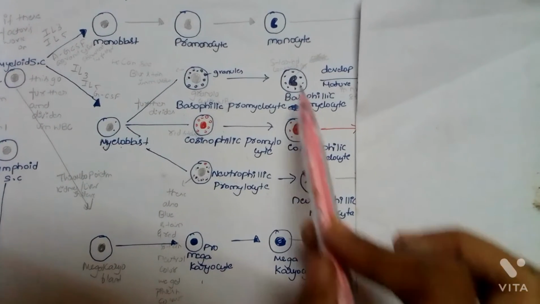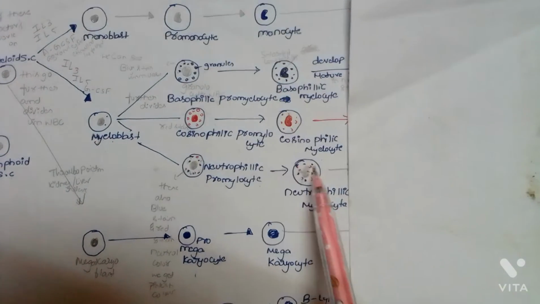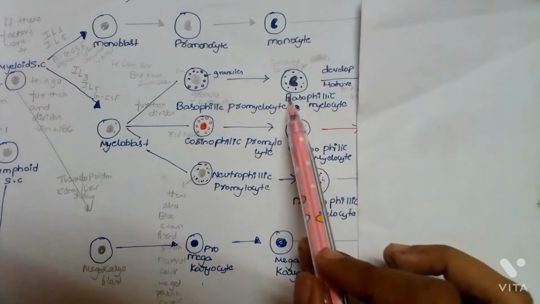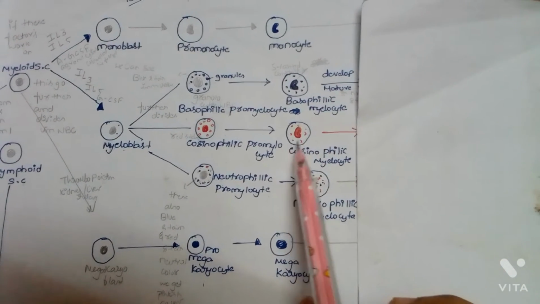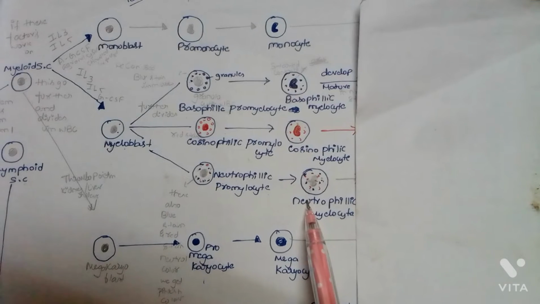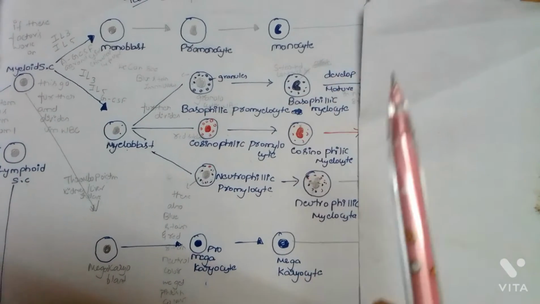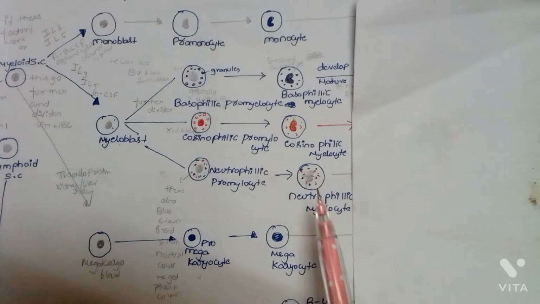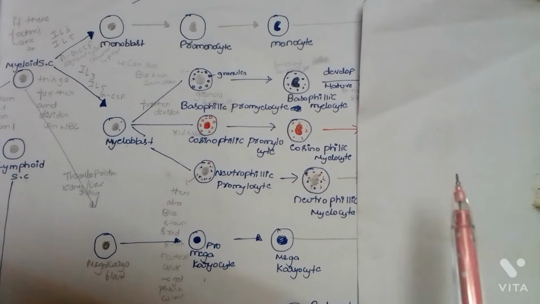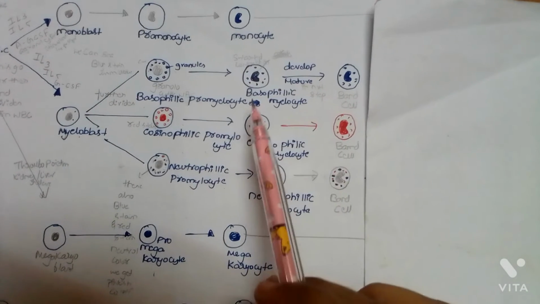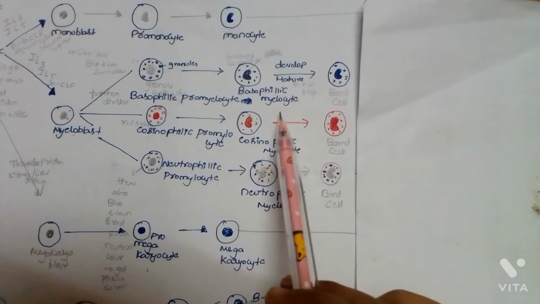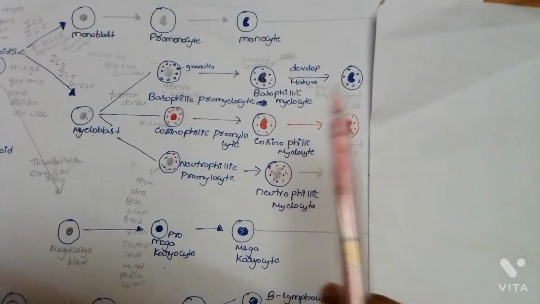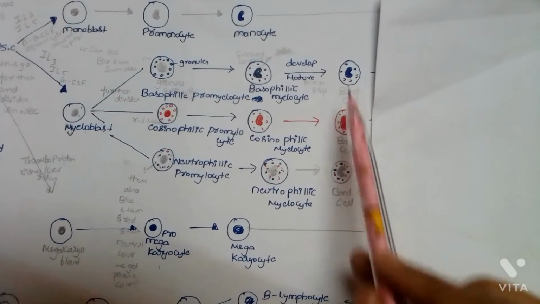These are the granules: blue, red, and red and blue. Basophilic myelocyte, eosinophilic myelocyte, neutrophilic myelocyte. Blue stain, red stain, both something like pinkish. And then these myelocytes next go on to form the band cell.